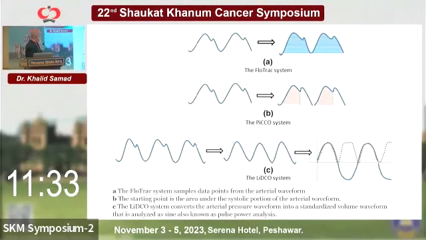Here it measures the area under the systolic waveform, and the LiDCO system converts the arterial waveform into a standardized volume waveform that is analyzed as a sine wave, also known as pulse power analysis. So basically, the end point is that they measure the area under the curve and give the cardiac output.